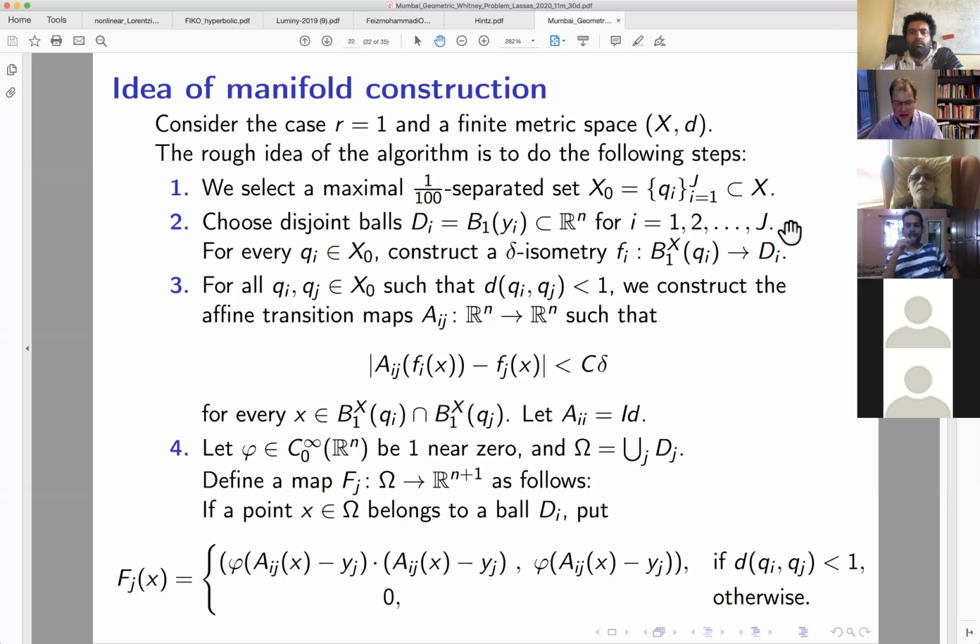I call these disks, and let's think of them as two-dimensional disks. That's at least how I think of them. For every point Qi, we know by the assumptions of the theorem that there is some almost isometric map from the ball of the metric space centered at Qi to these disks in the Euclidean space. So this is an isometry up to error delta.